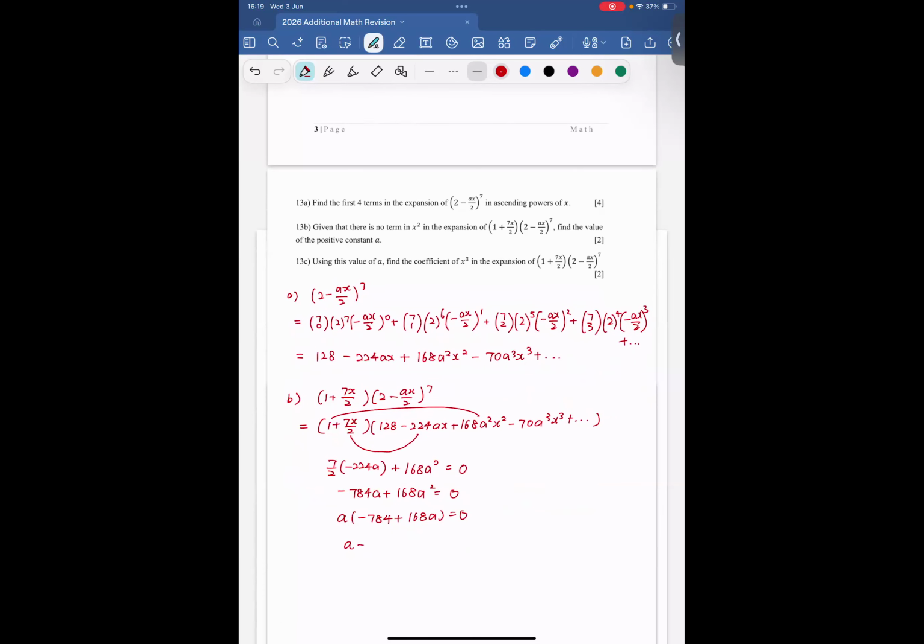So a equals 0 or 784 divided by 168. Oh, I did it wrongly. Correct one.